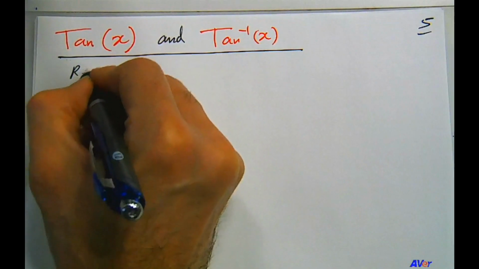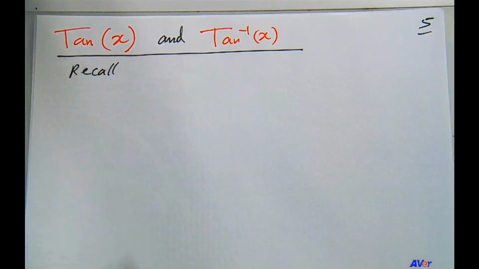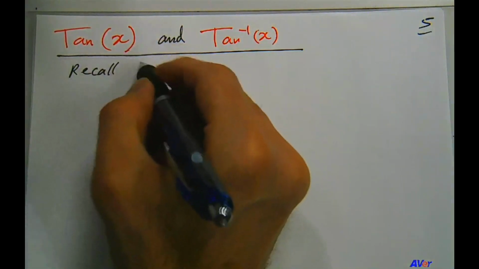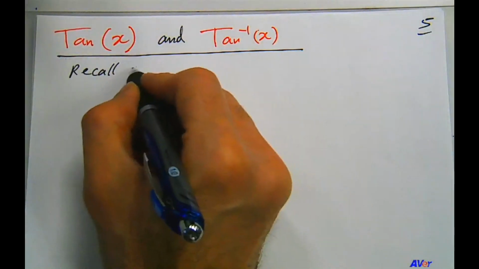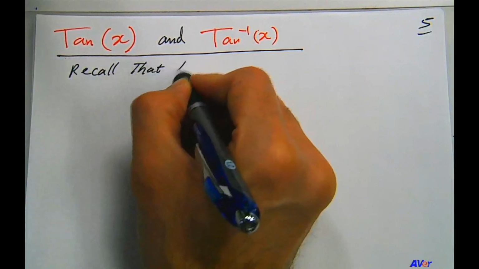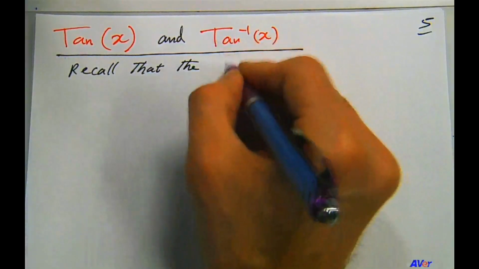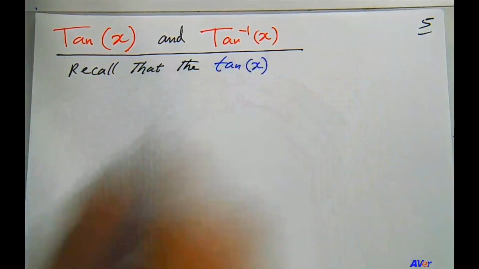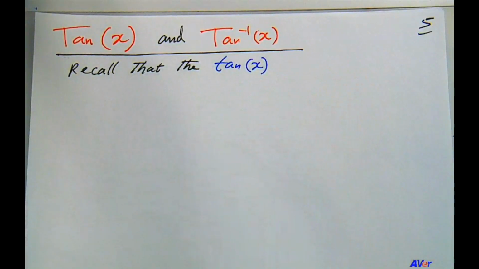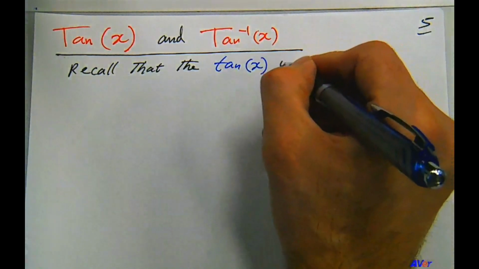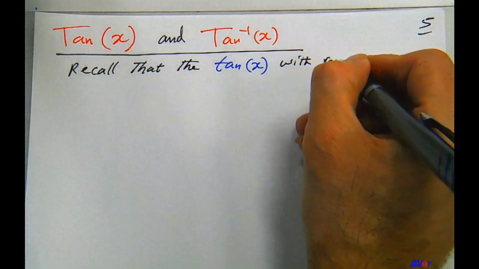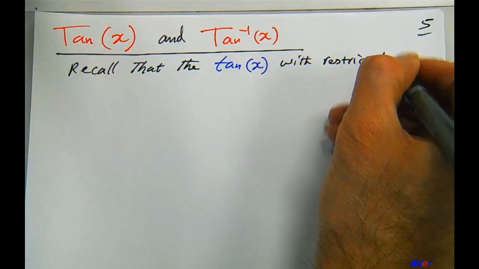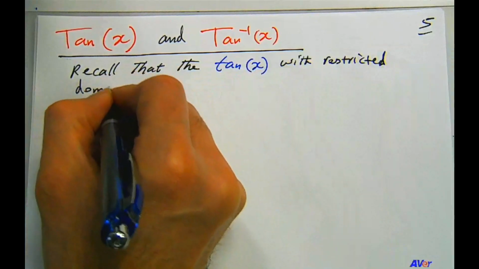Recall, going back to that, I'll bring the slide back again, the tangent of x function with restricted domain.